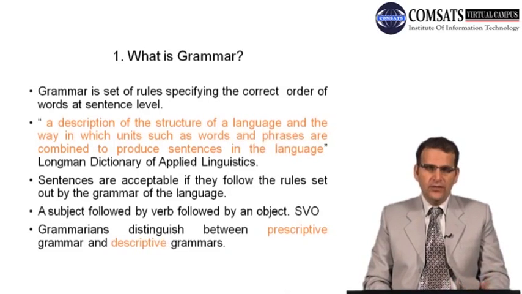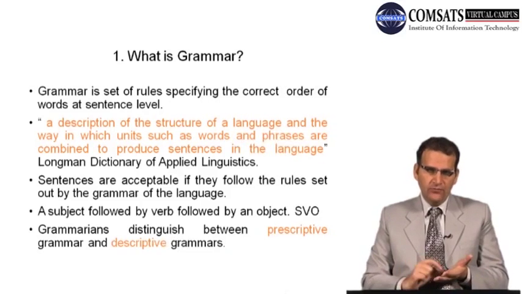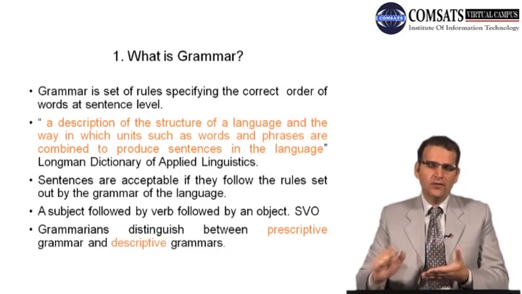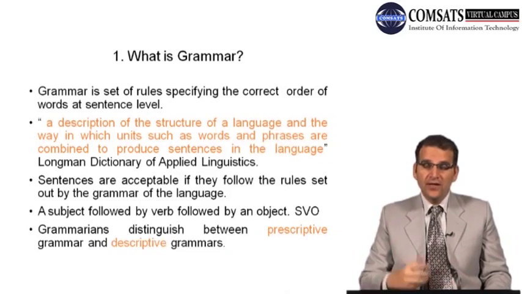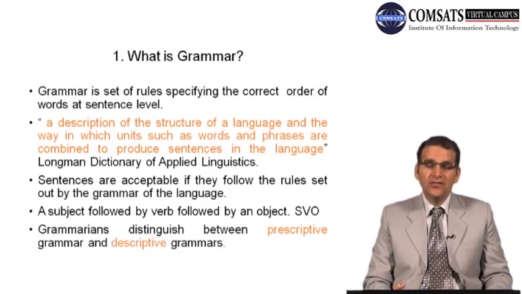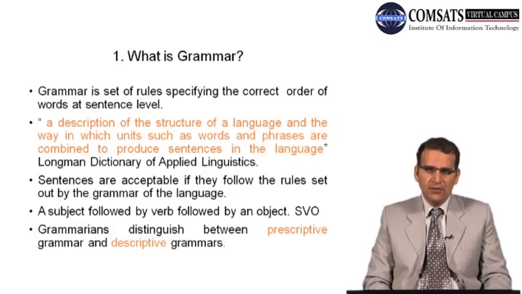For example, in English we have a pattern SVO, subject followed by verb followed by object. So if a sentence follows this pattern, we will call it an acceptable sentence, a correct sentence.